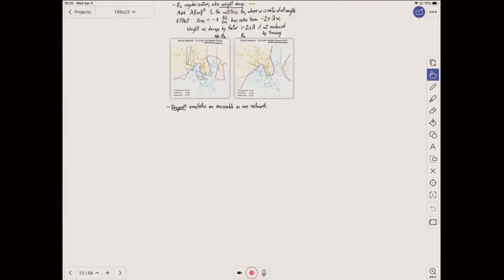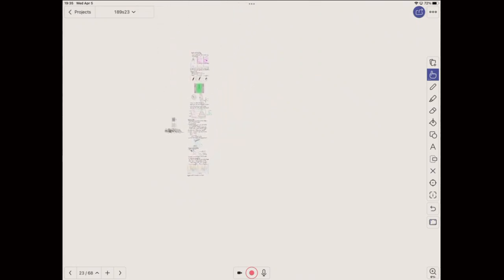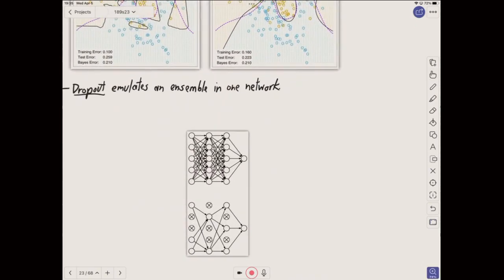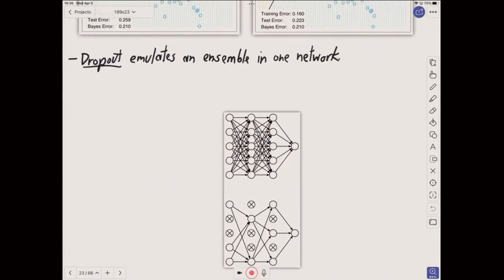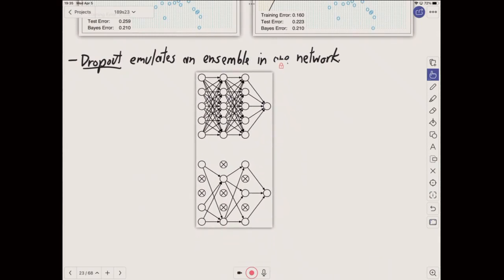Here's how that works. At different times in training, we are going to disable some of the units in the neural network.